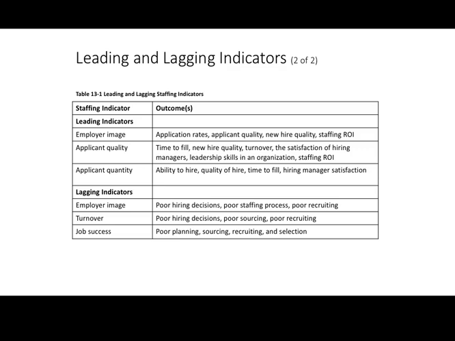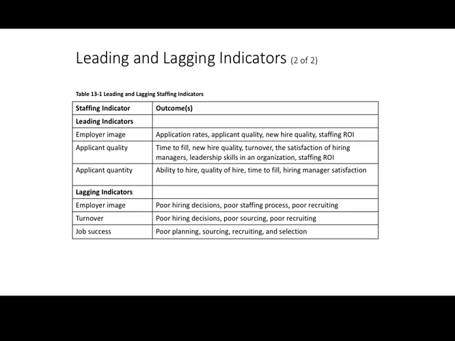Lagging indicators are employer image. What we will probably see is some poor hiring decisions, poor staffing process, poor recruiting if we have a negative employer image. Turnover rate is a lagging indicator. If we have high levels of turnover, that means we've probably made some lousy decisions in hiring, or we've had poor sources, or we just didn't do a good job recruiting and attracting the right people.